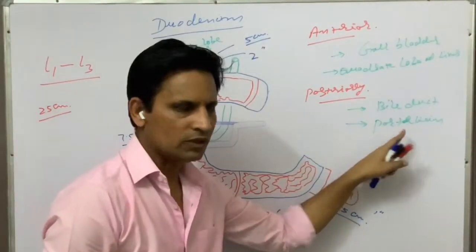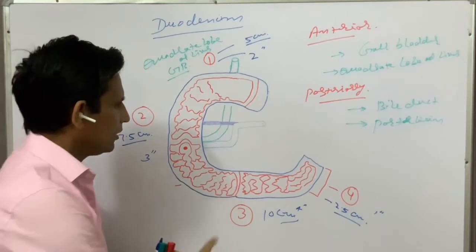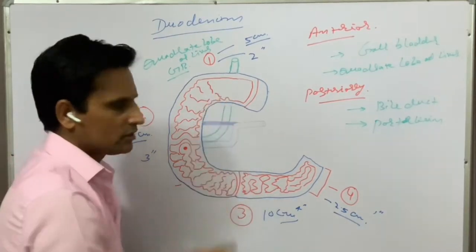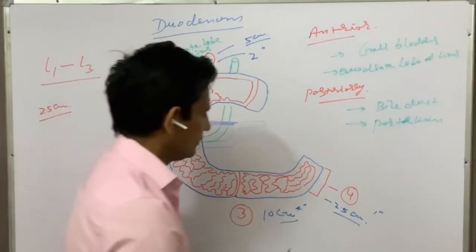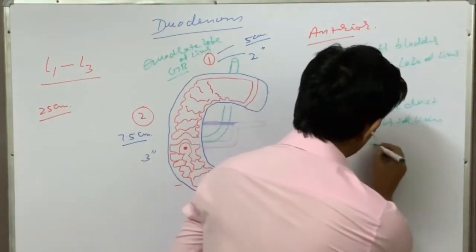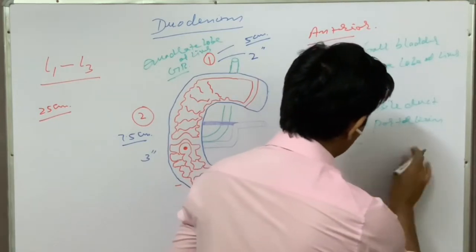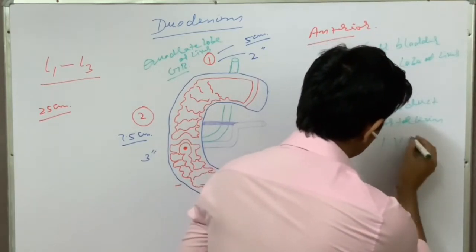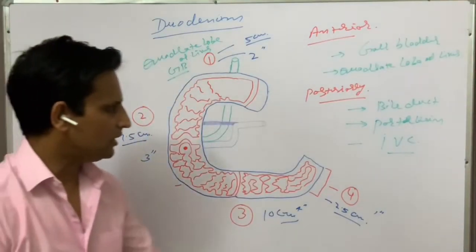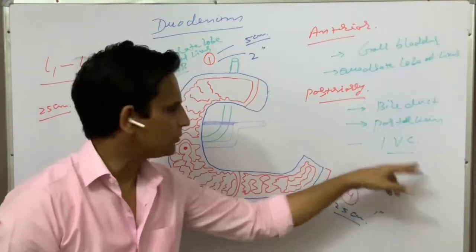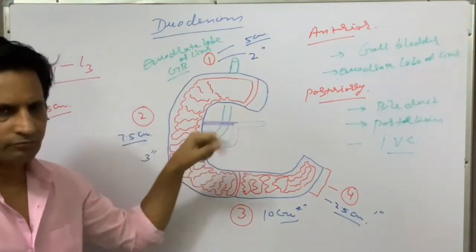Second one is the portal vein, and there is one more important structure running posteriorly to this particular part, and that is the inferior vena cava, or we can note it here as IVC. So posteriorly, three main structures run posterior to this first part of the duodenum, right?